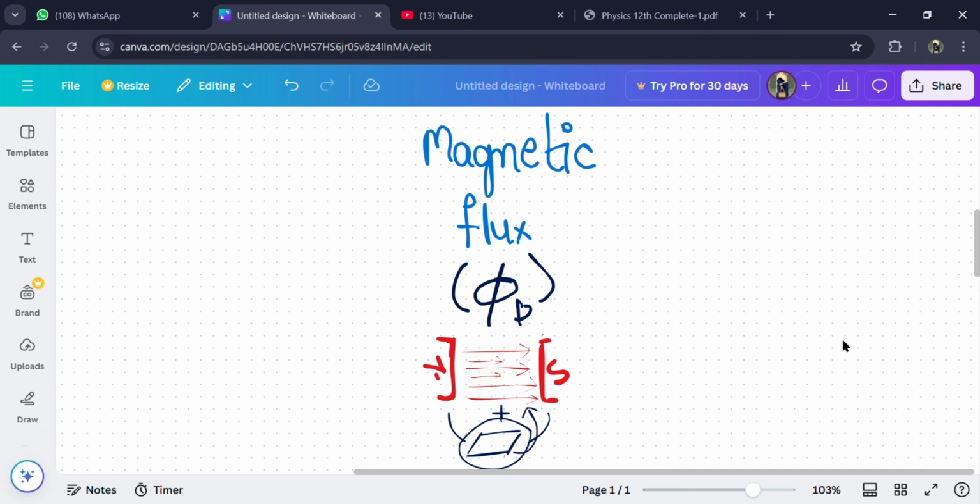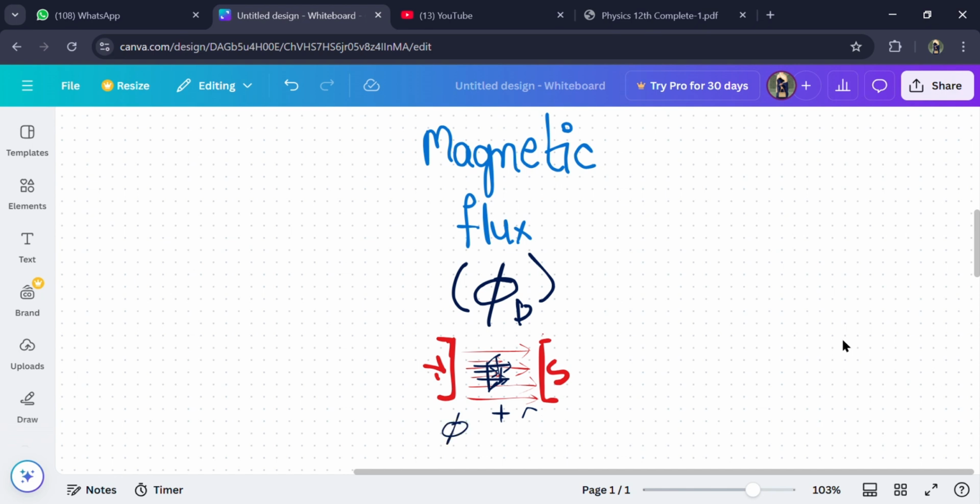Let's say we kept it perpendicular to the magnetic field like this, and now a number of the magnetic field lines will pass through it, right? Let's say that this many magnetic field lines have passed through this specific area. So this is known as the magnetic flux.